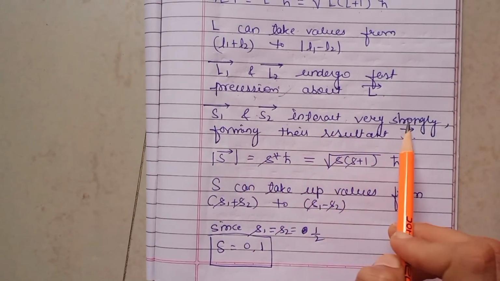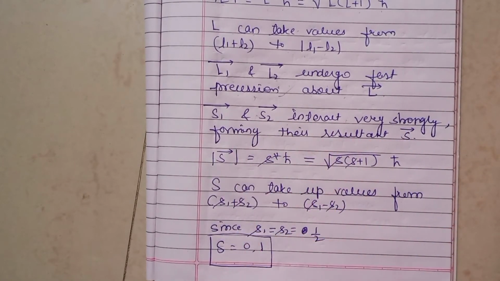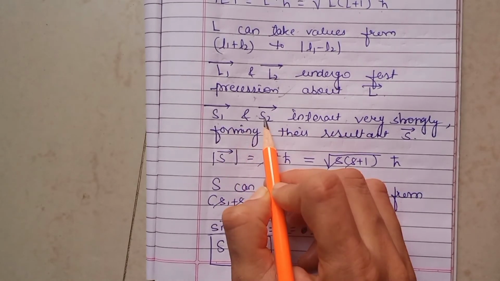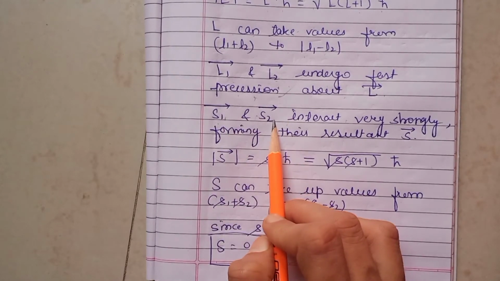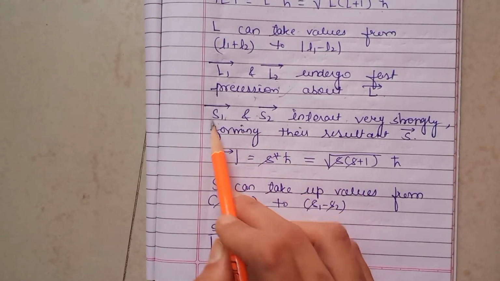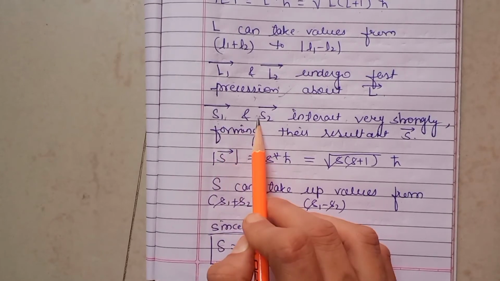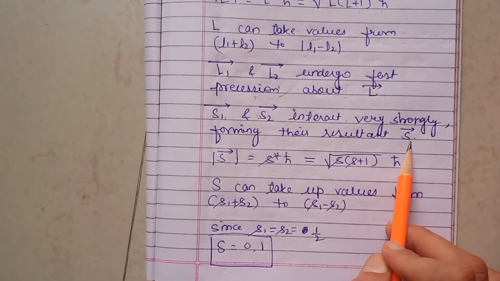S1 and S2 interact very strongly. So in LS coupling, orbit-orbit interaction is strong and spin-spin interaction is also very strong. So this S1 and S2, that is spin angular momentum of electron 1 and electron 2, they will combine to form the resultant spin angular momentum for the atom.